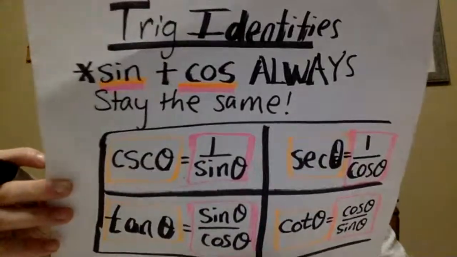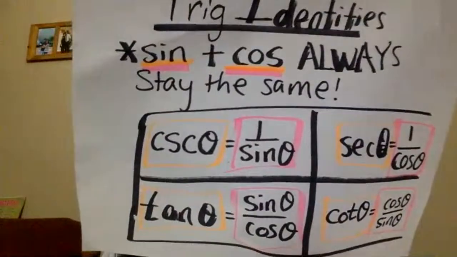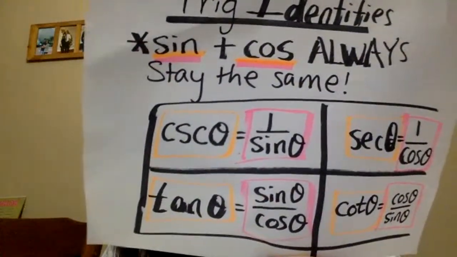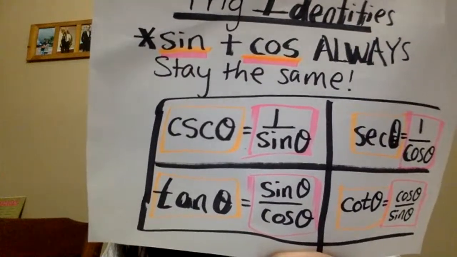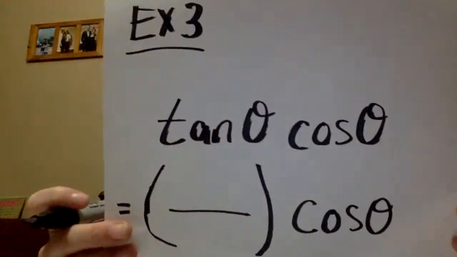TAN. What is the other identity of tangent? Very good. It is sine over cosine. So I'm going to replace tangent with sine over cosine here.